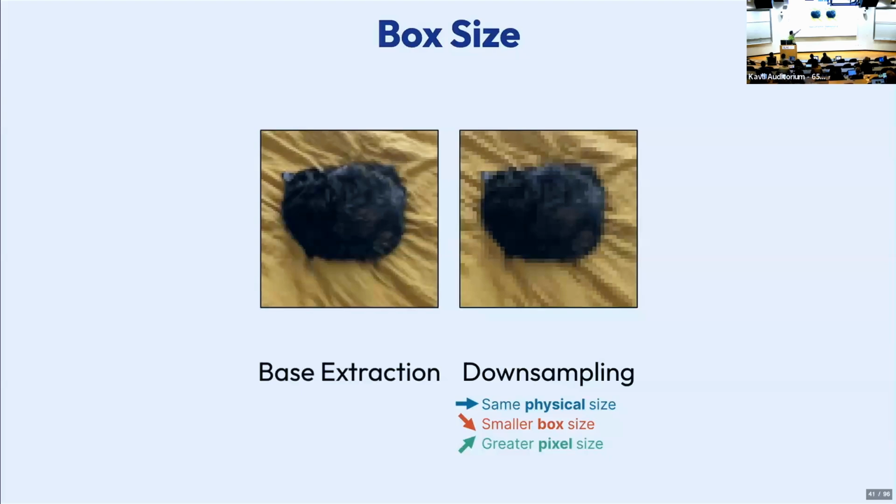You can actually see a representation of this, nice choice, because if you look at her ear, she has this dark band of fur right on her ear. And you can see that in the base extraction, but it's gone when we've downsampled because that band of fur is 1 pixel wide in the base image. So when we double the size of the pixel, we've lost the ability to resolve that little band of fur on her ear.